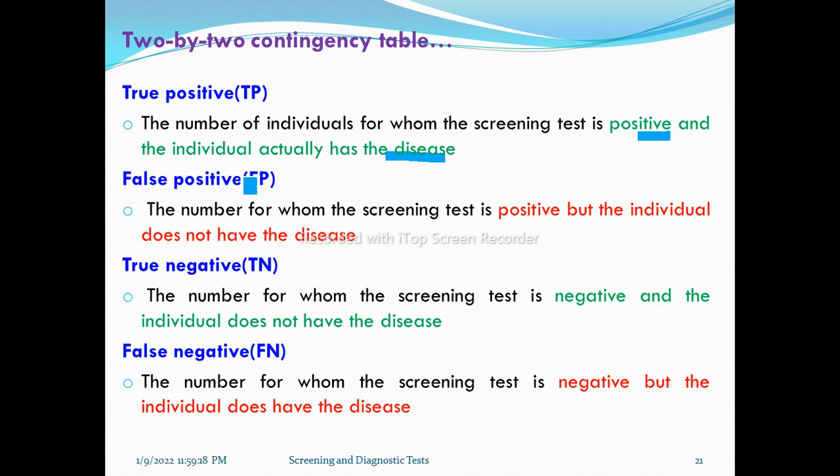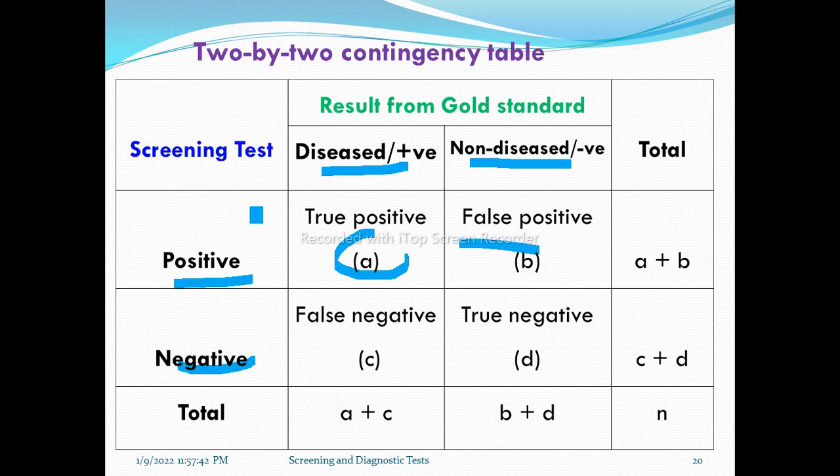False positive means the number for whom the screening test is positive, but the individual does not have disease. The individual does not have disease, but the test says positive, so this is known as false positive.